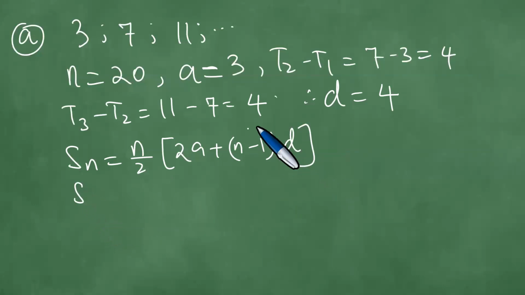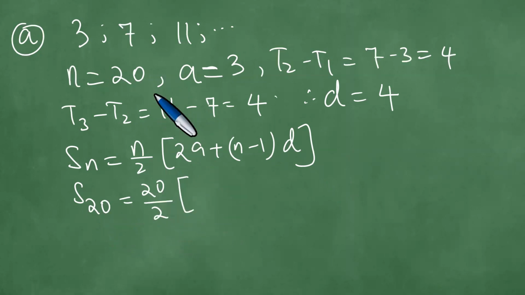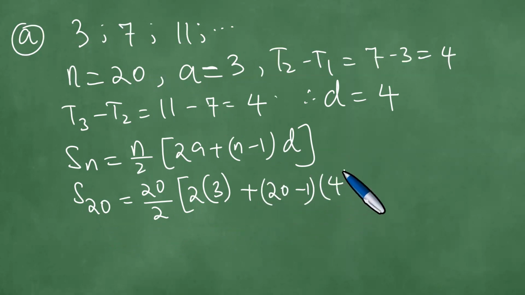We know that n is 20, because they said sum to 20 terms. So we don't need to use the Tn formula here, because we know the number of terms. The first term is 3, and then you have 20 minus 1. The common difference is 4.